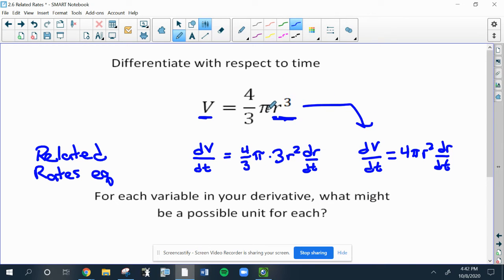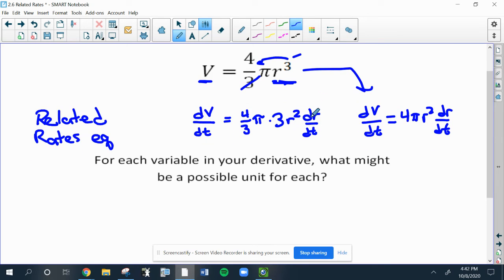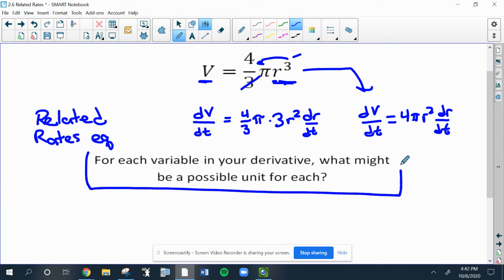Think about the derivative of pi r cubed. You bring down the 3, it cancels. You're just left with r squared, but you do what you need to. And I think this next question, and we'll end the video after this because I don't want it to get too long, but before you leave, this is an important question.